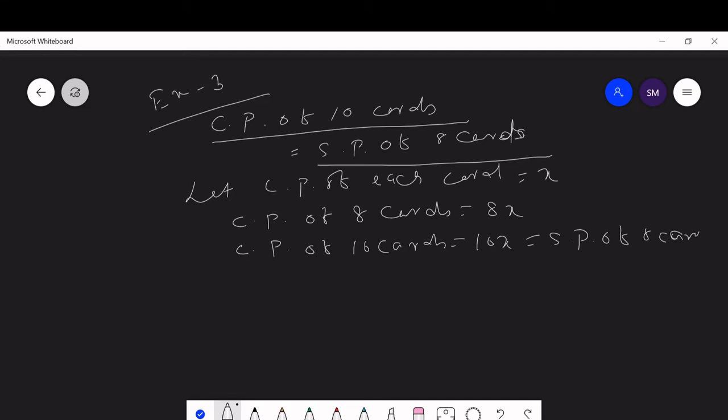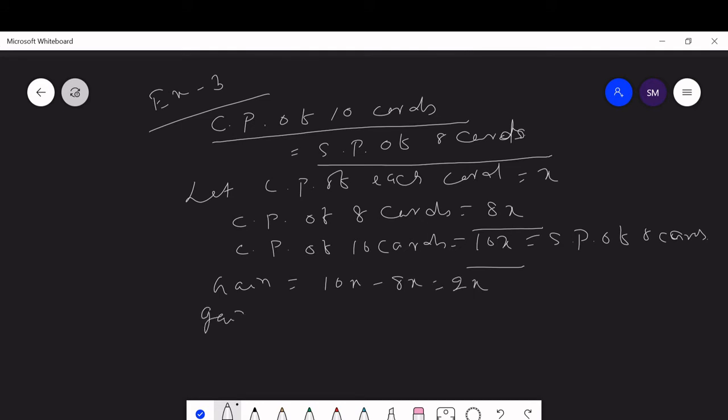This means the person purchased 8 cards for 8x rupees and sold them at 10x rupees. This means here there is profit. Then the profit, the gain amount, is equal to 10x minus 8x, which is equal to 2x.